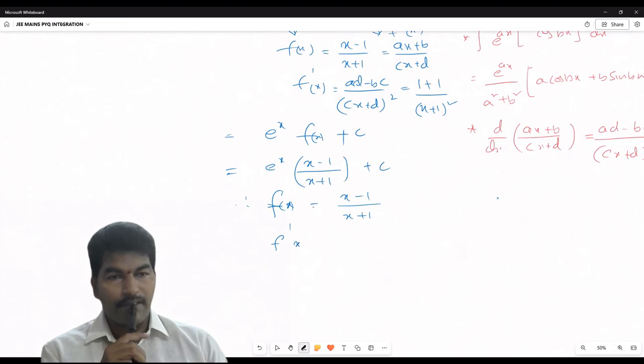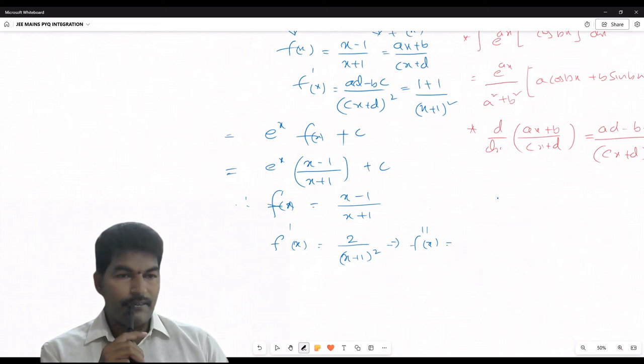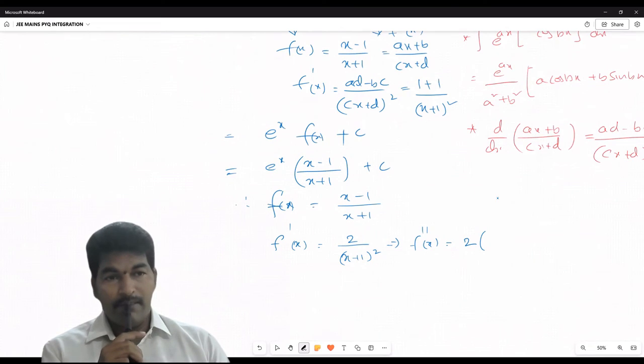So first I am doing f dash x. F dash x we already did, it is 2 by (x plus 1) whole square. And from this we will do the second derivative. Second derivative looks like 2 into the derivative of 1 by x square, which is minus 2 by x cube.